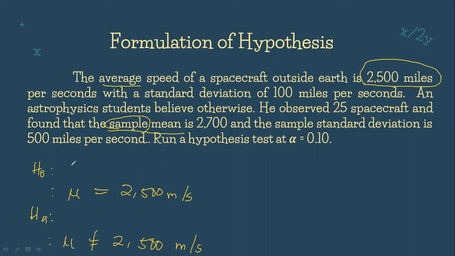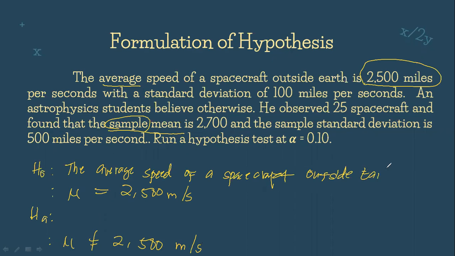So ito po pwede natin siyang sabihin as the average speed of a spacecraft outside Earth is 2,500 miles per second.